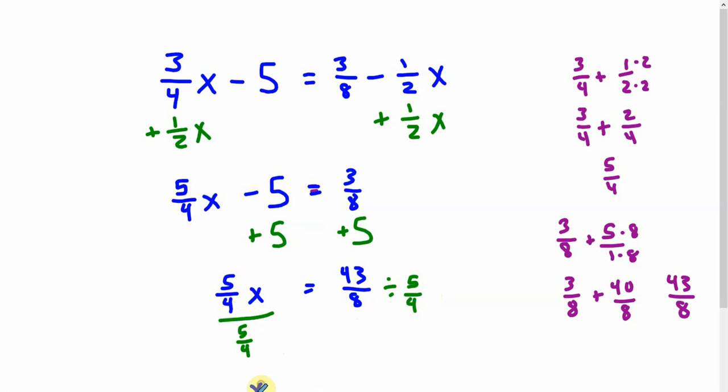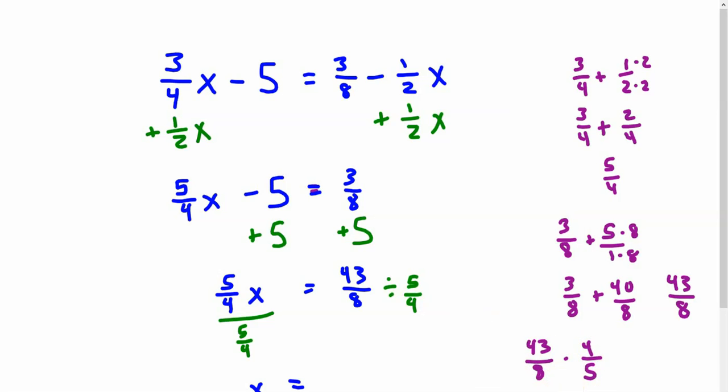So over here I get x. And then the answer to this will be my final answer. But again, maybe I need to do the work on the side here. 43/8. And I'm dividing by 5/4, and hopefully you remember from earlier work that dividing by a fraction is the same as multiplying by its reciprocal.